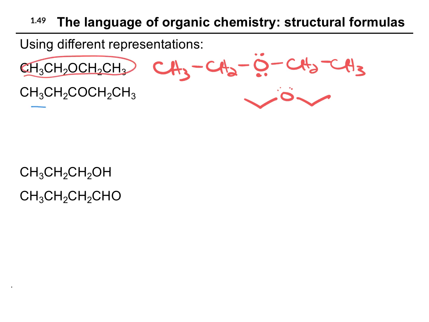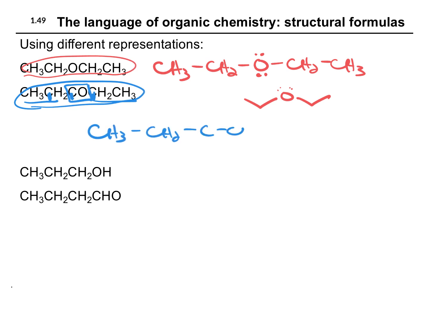Next, if we look at this one, well, again, we have the CH3, CH2, CH2, CH3, but now we have a CO. So this carbon must be connected to this carbon, which is also connected to this carbon. So we have CH3 connected to CH2, connected to C, connected to CH2, CH3, and then this carbon must be connected to an oxygen, and to have enough bonds, it must be a double bond.